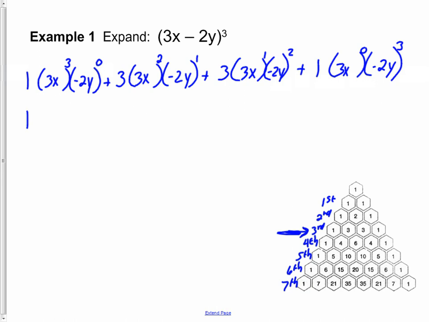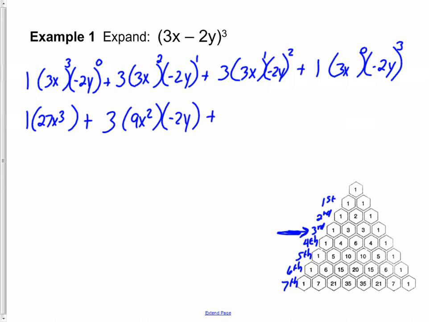So this is 1 times 27x cubed, and then negative 2y to the 0 power is going to be 1. So that's what I ended up with for my first term, and then we'll simplify down in a minute. This would be 3, 9x squared, and negative 2y.